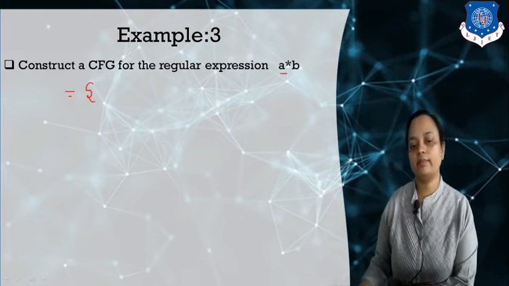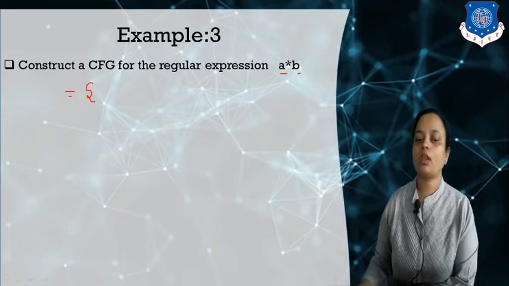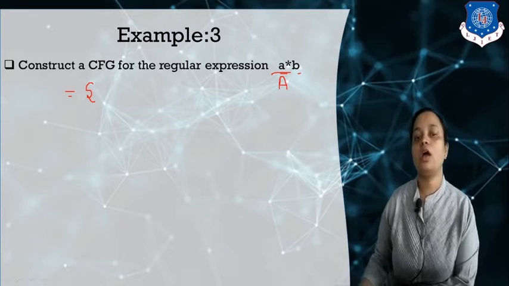So A star B. For this type of regular expression, what do we have to do? The repeated term we always assign to another non-terminal. We can assign this repeated term to another non-terminal.